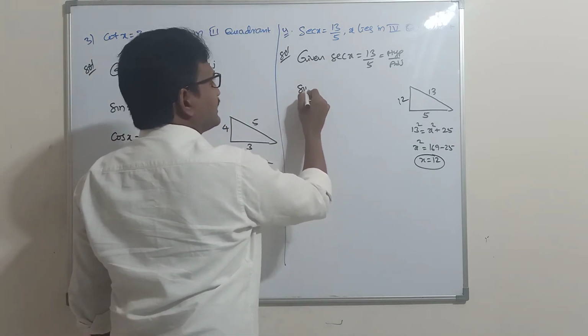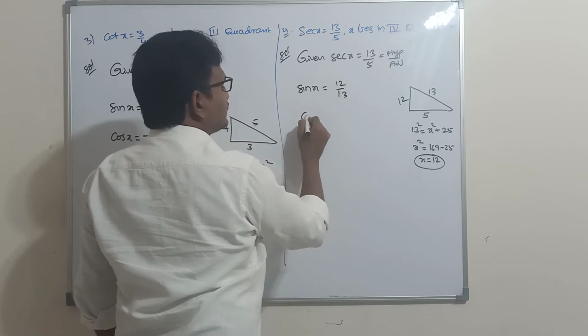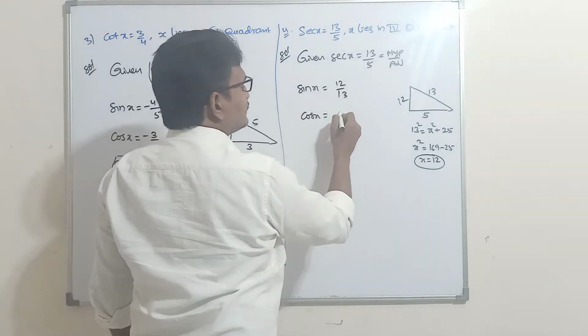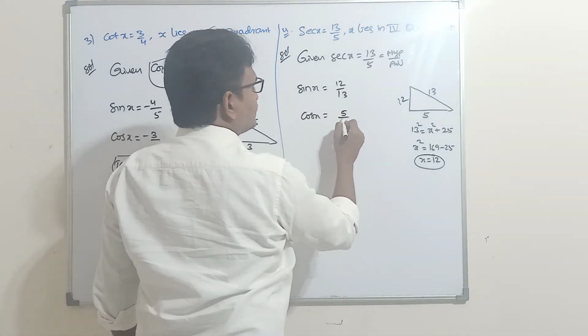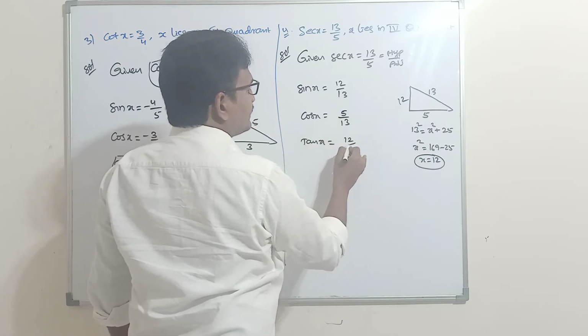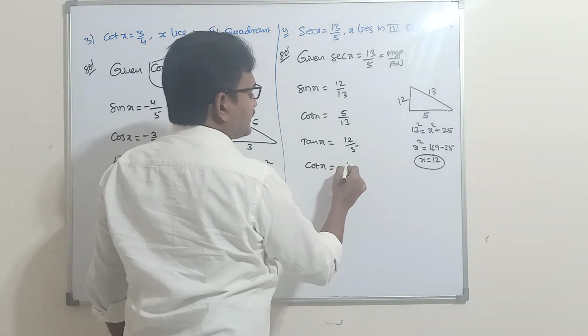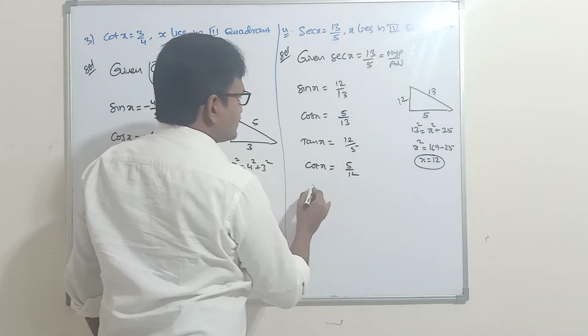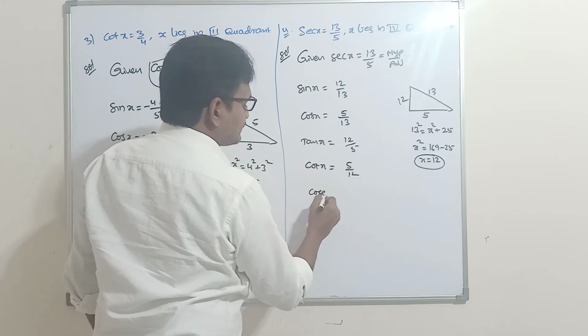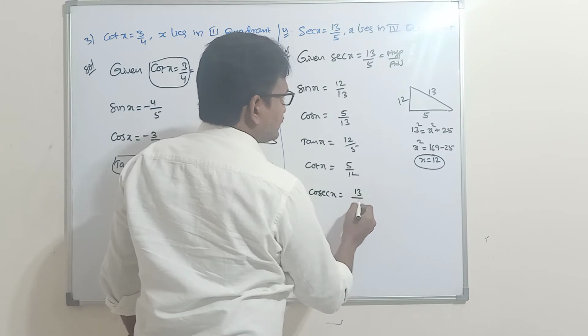Then what is the sin x value? Sin x is 12/13. Cos x is 5/13. Tan x is 12/5. Cot x is 5/12. Next, cosec x is 13/12.